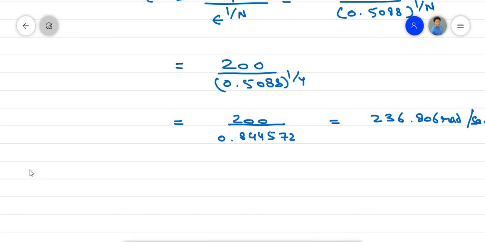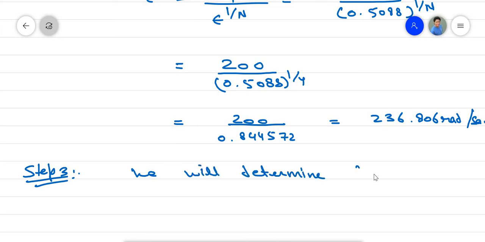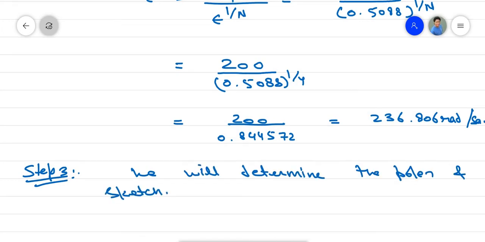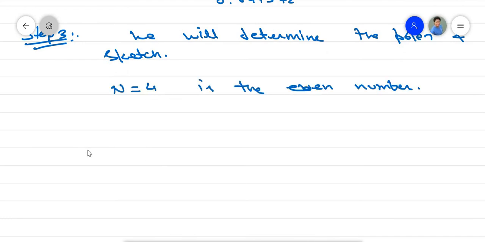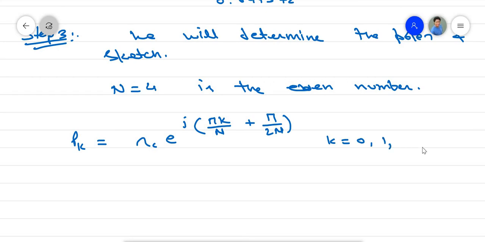In step 3, we will determine the poles and sketch the poles. Now we know N equals 4 is an even quantity. That means Pk will be equal to omega C exponential j (pi k over N plus pi over 2N), for k equals 0, 1, 2 up to 2N minus 1.